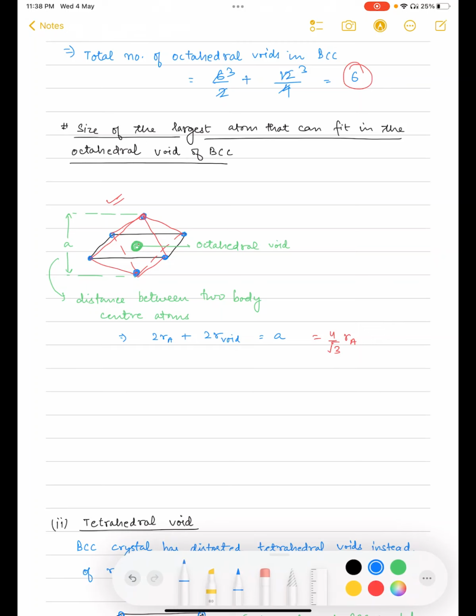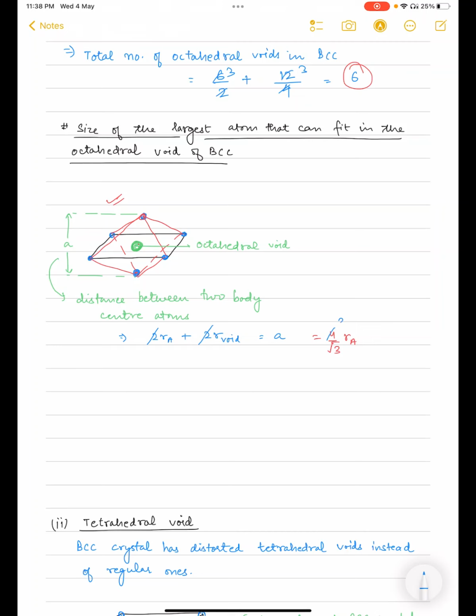So, cancelling out 2, we get RA plus R void is equal to 2 by root 3 RA. So R void is equal to (2 by root 3 minus 1) RA.